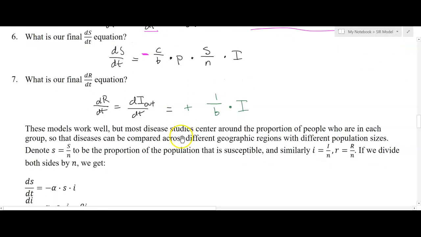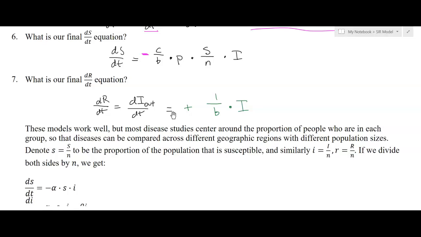Okay, these models work well, but oftentimes we don't want to model the number of sick people. We would rather express it in terms of percentages. So right now with the COVID-19 pandemic, you see reports of the number of people who have the condition. But a lot of times, in order to be able to compare regions that have different population sizes, New York, for example, is very densely populated where a lot of those infections are coming around.